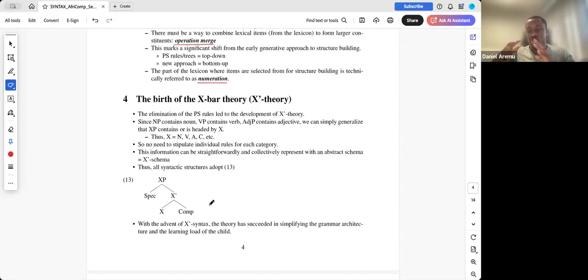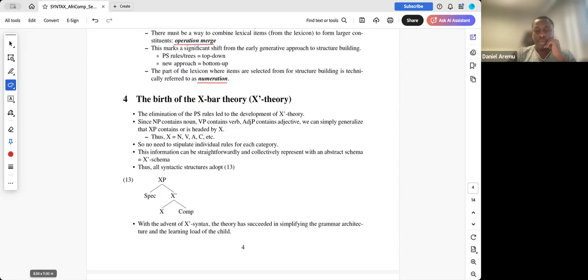When you merge two things together, X and Y, you have derived a new constituent, and then you merge another thing and derive a new constituent. That's derivation, when you are deriving a tree. Representation is making what is abstract explicit using a tree, for example. I hope that answers your question.